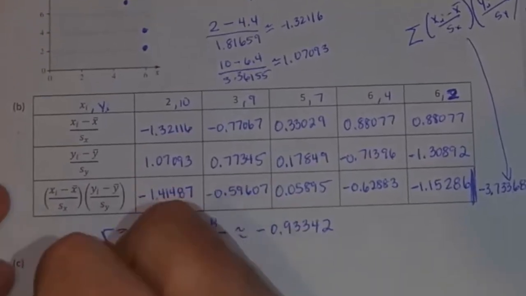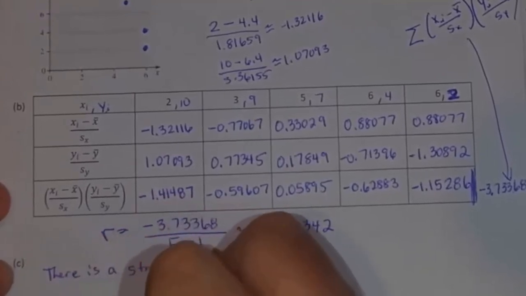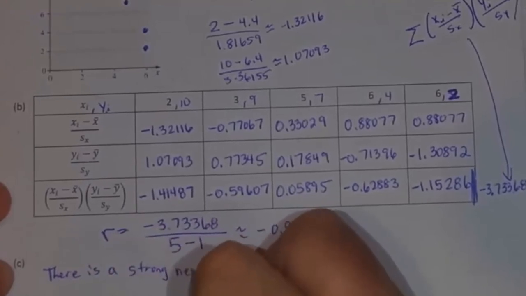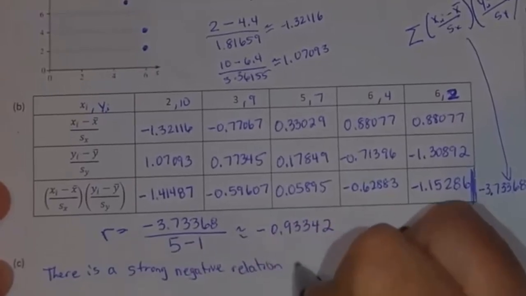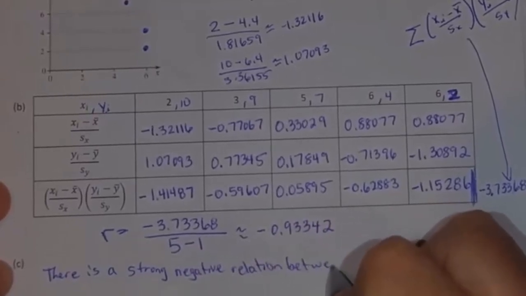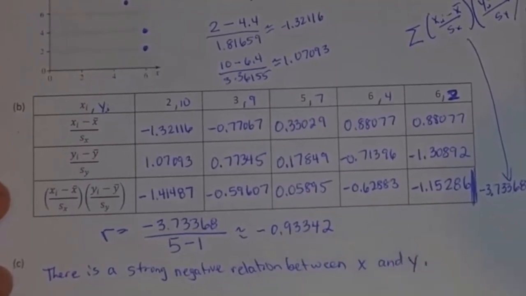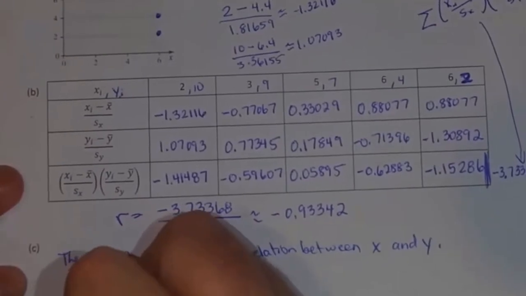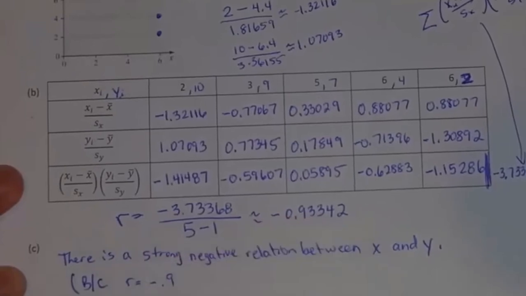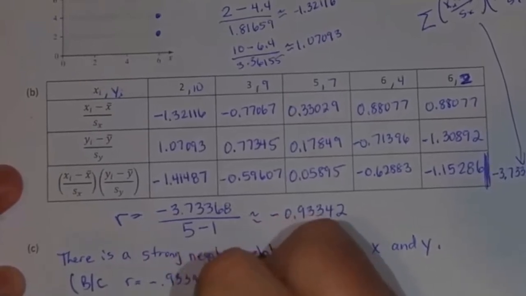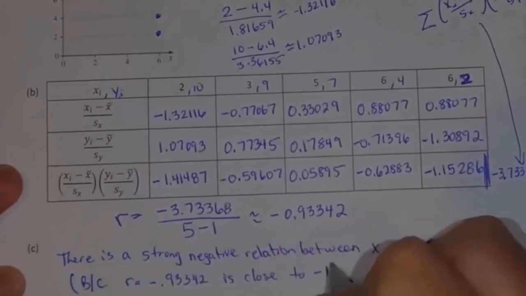So the answer to C: there is a strong negative relation between x and y. And I know that because R equals negative 0.93342 is close to -1.